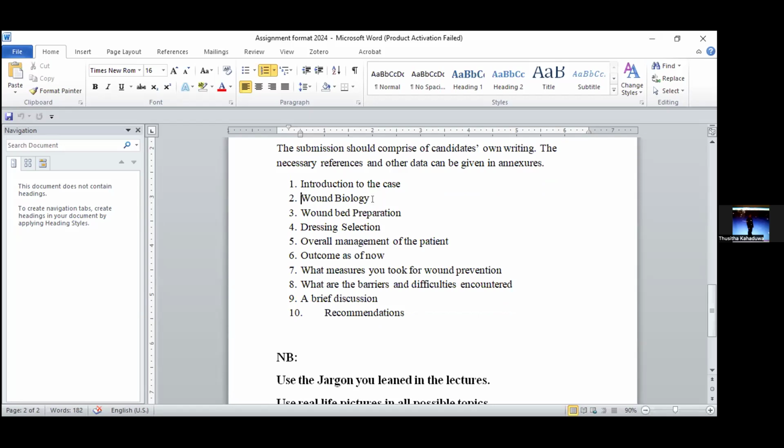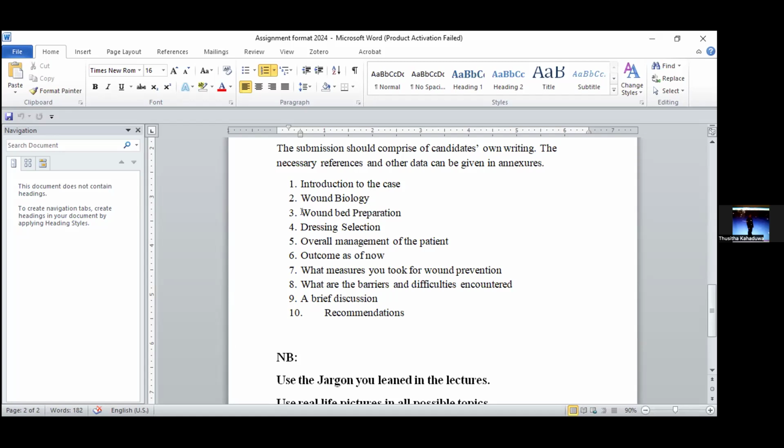So now you will be learning general wound biology at 10 o'clock today, 10:30. So we need that analysis, that jargon in your own case. Then what you did to the wound bed, apply the TIME principle.